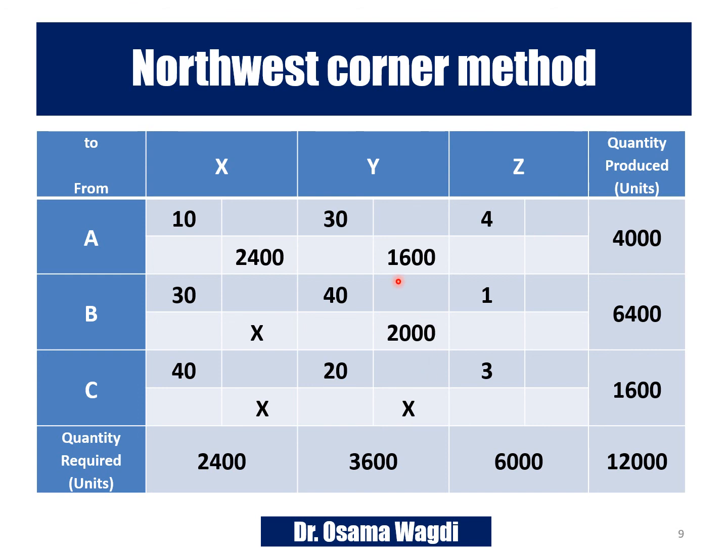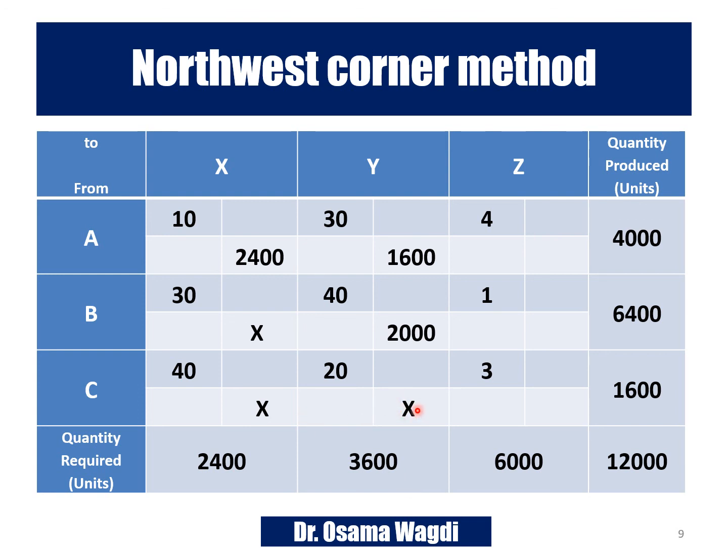minus 1600, it will remain 2000. When I make the comparison between this number, the 2000, and 6000 and 6400, of course I will choose the least number, which is 2000. Okay, then we're going to make a small line above the 2000, the new number, and write down 0. So the cell CY will be empty.